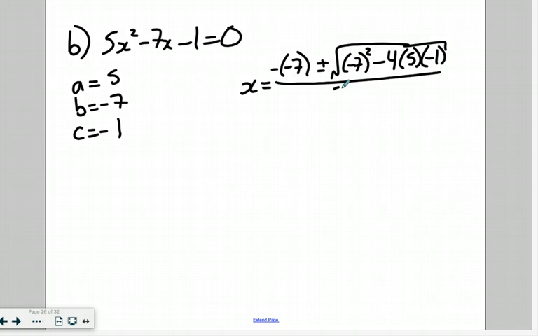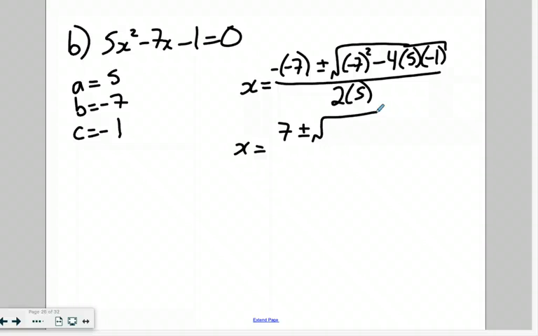That's all over 2 times a, which is 5. Okay, so like I said, that negative 7 will turn into a positive 7. That discriminant is going to be negative 7 squared, which is positive 49, minus 4 times 5 times negative 1, so like minus negative 20, so it turns into a positive 69, right? And that's all over 10.